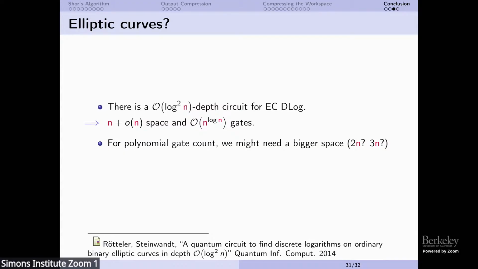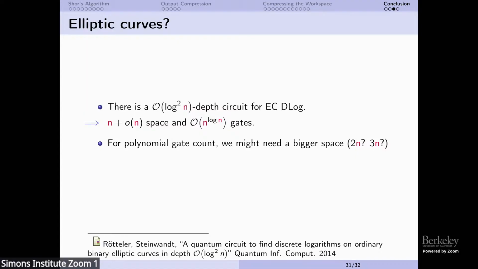But I can also say that there was a work with a circuit of log squared n depth. And if you do the same reasoning that I explained before, when you reduce this to a low width circuit, then I'm confident to say that indeed there is a circuit which will give you n plus little o of n space, and then a number of gates which is super polynomial, which might not really be practical, especially if you run the numbers, and I'm really not sure about this little o here.